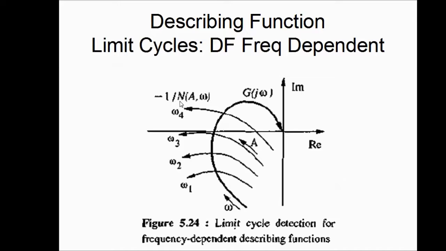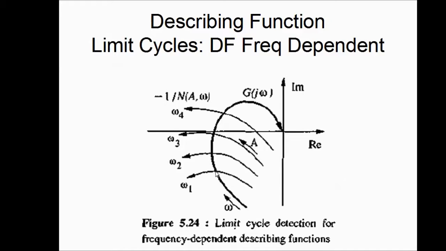So when the describing function is a function of both a as well as omega, we have multiple points of intersection, each of which is a limit cycle candidate. So we note that these 1/N plots are plotted here for each value of omega. At the point of intersection, if the omega on the G(j omega) curve at this point, for instance, is also omega 1, then this intersection is a good limit cycle candidate.